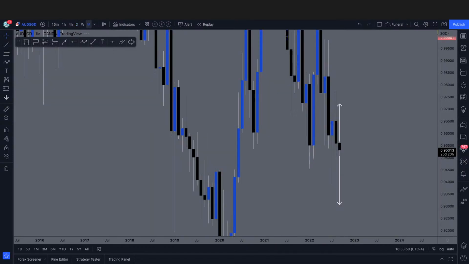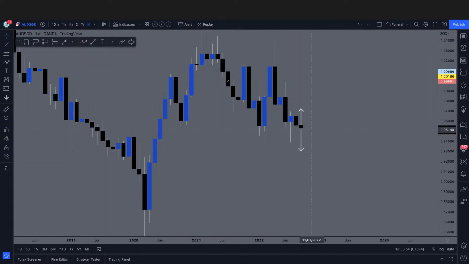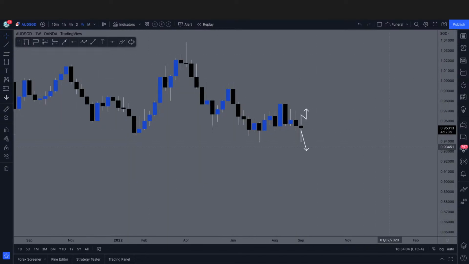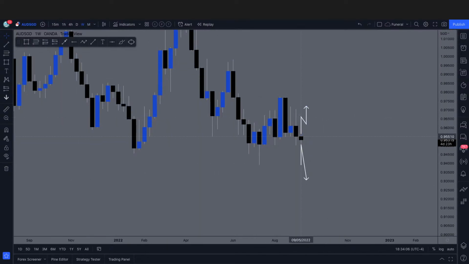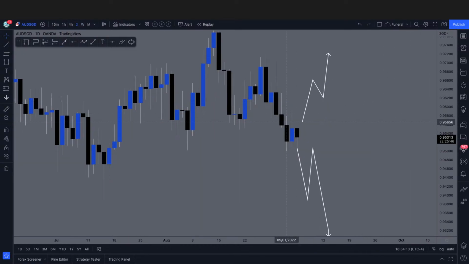Going over to AUD/USD, on AUD/USD we do have a market that is right at the monthly lows. So we are at previous structure support that could possibly act as support once again. And if we are looking at it from a weekly time frame, we have started to make moves to the downside on the weekly, pushing quite aggressively. But if we do look at it from the daily, you can see that we came into the daily support area as well.